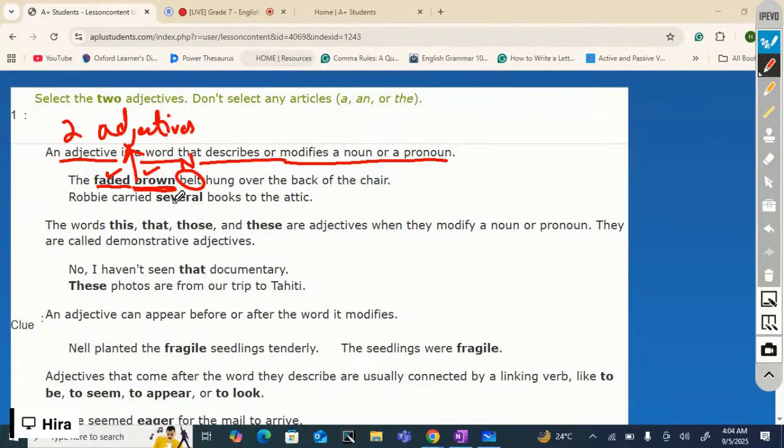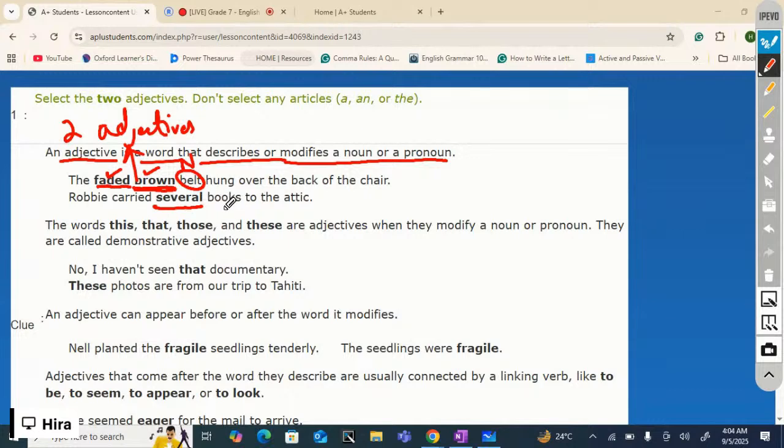Robbie carried several books to the attic. How many books? Several books. Adjectives answer the questions how many and what kind. These two, faded and brown, answer the question what kind. What kind of belt is it? Faded belt, brown belt. Some adjectives answer the question how many.